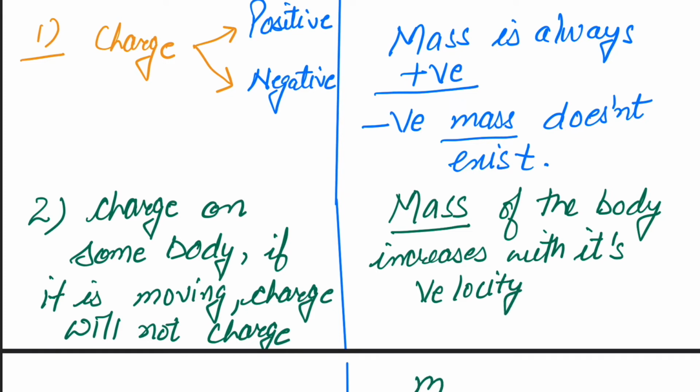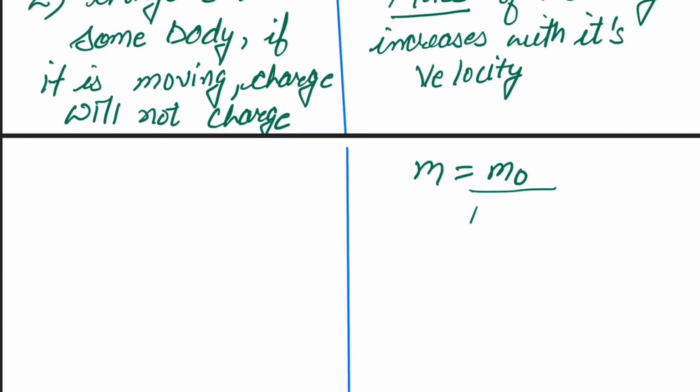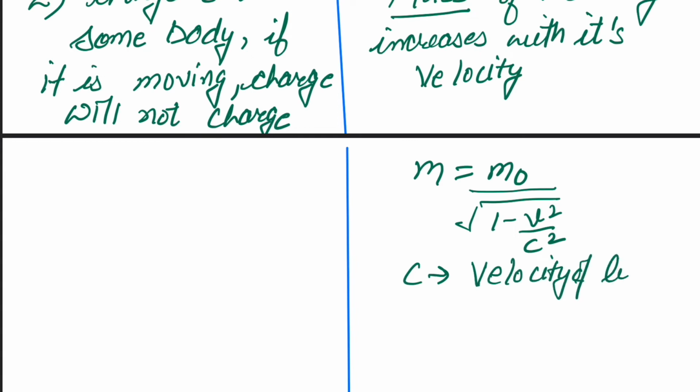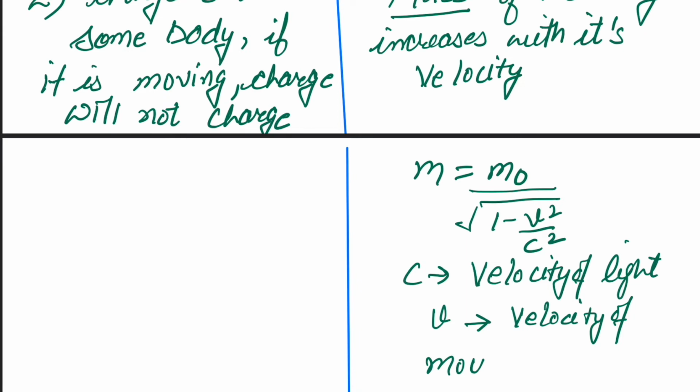You know the relation m is equal to m naught divided by the square root of 1 minus v square by c square, where m is the mass, m naught is the rest mass, c is the velocity of the light and v is the velocity of the moving body.